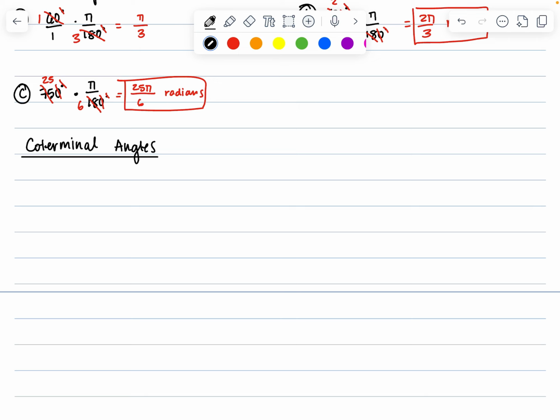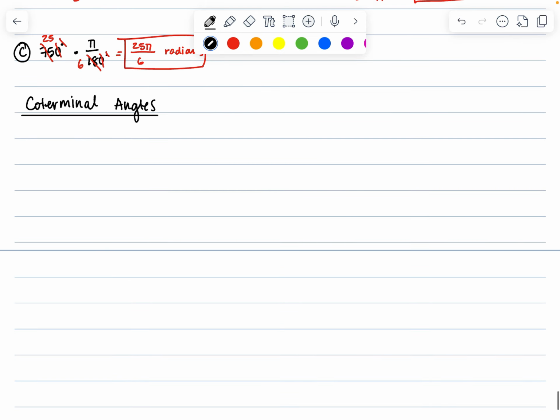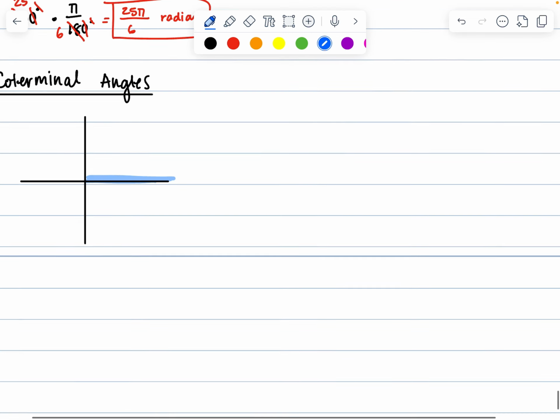What this means is, well, let's actually draw this out first. First, let's draw out an XY plane. And if we, for instance, consider, red, let's go blue. This is our initial side. We call this our initial side, because this is where we start degrees.